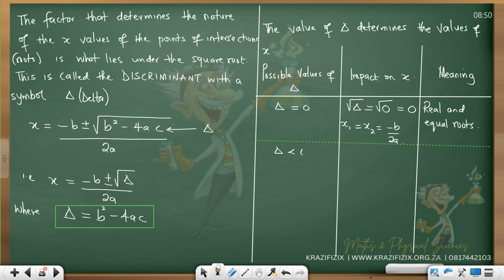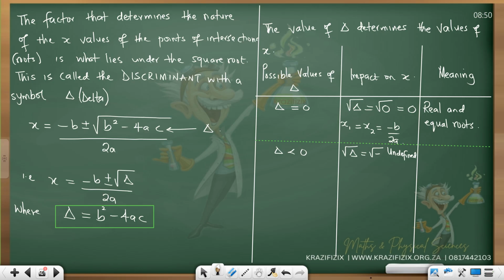If my delta is less than 0, what will the square root of delta be, of a negative number? This is undefined. We cannot find the square root of a negative number.